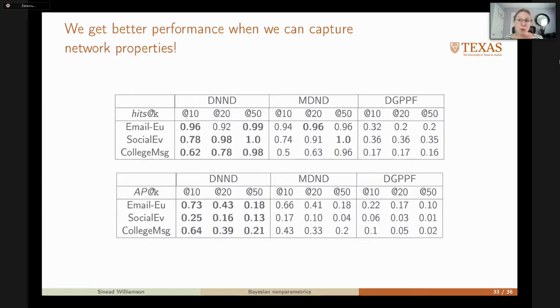In the middle, we have our basic mixture model, where we have that hierarchical distribution of Dirichlet processes where we can add new nodes over time, and we're capturing that clustering behavior. And then on the left, we have our dynamic sparse extension, where we do better again because we've captured the fact that real networks tend to be sparse, or at least can be sparse, and they tend to evolve over time.